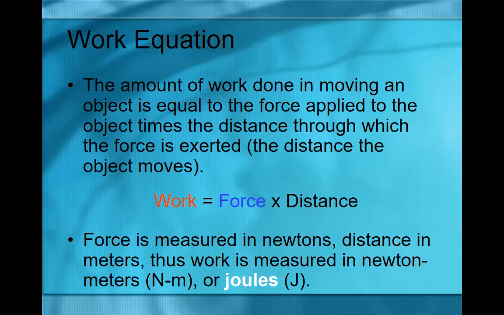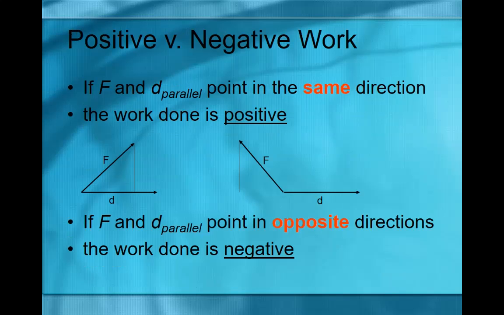Now, this is one thing that I've been asked a couple of times by different people over the years. Is it possible to have negative work? The simple answer is yes. When we start talking about frame of reference and what we identify as the positive or negative direction, you can do negative work.